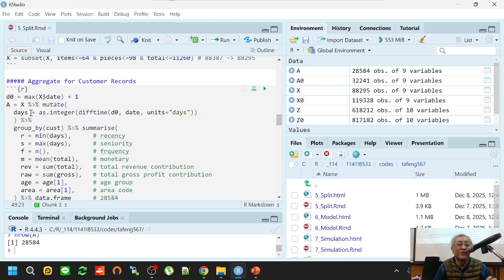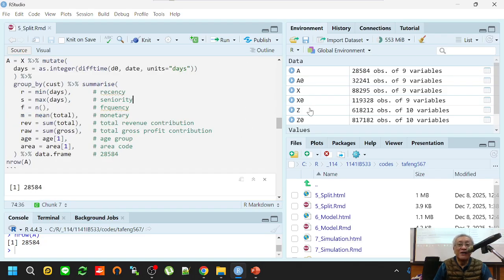This is for calculating the recency, right? To calculate the number of days that this customer did not buy from us since his last purchase, and the seniority, since the first time he bought from us. So for recency and seniority, we need to use this variable date, okay? But this code is exactly the same as what we did in the midterm, so I just run through it.